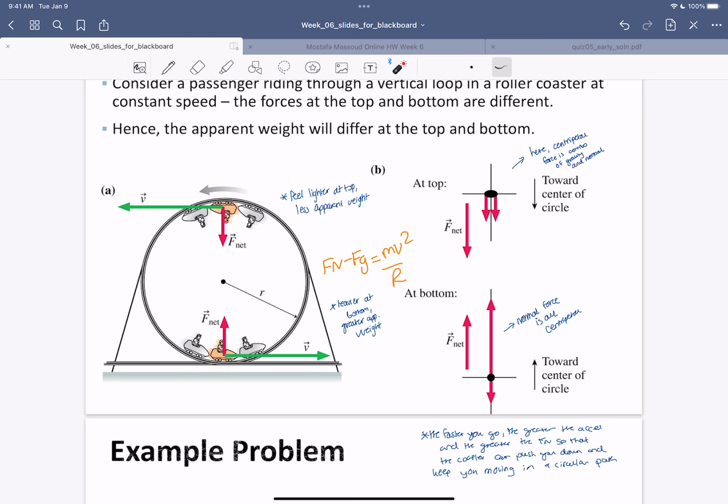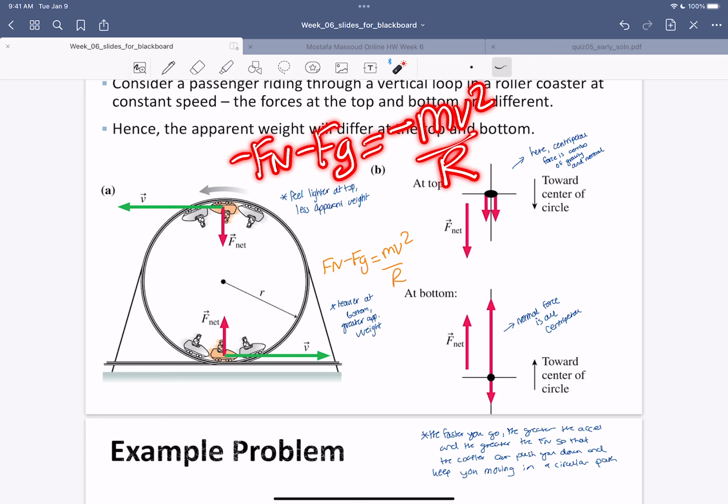Now at the top, we have negative Fn minus Fg, and we also have a negative centripetal force, because it's pointed along the negative y-axis. It's pointing towards the center of the circle, downwards. So we can see that this negative Fn is going to be equal to negative mv squared over r plus Fg.